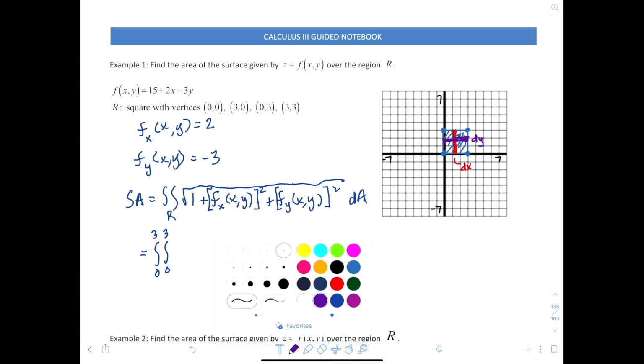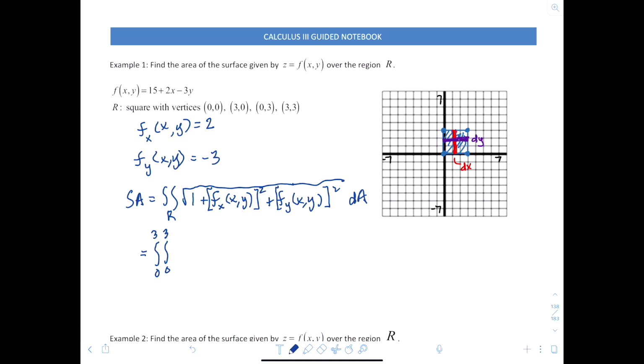And so we'll have the square root of 1 plus 2 squared plus -3 squared. And then I'll go ahead and do dy dx.